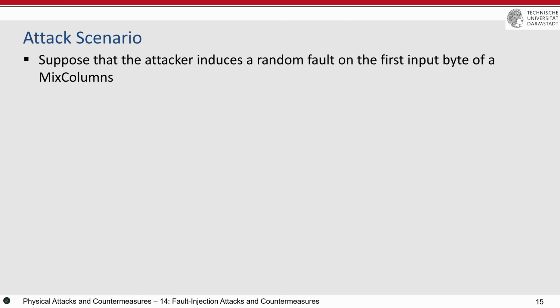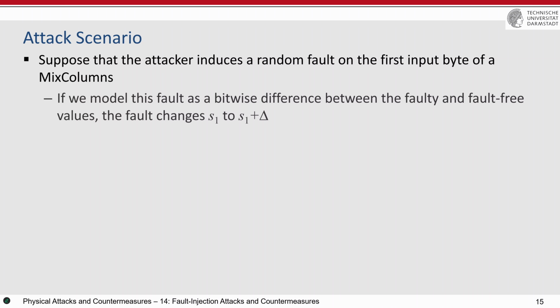You have the serialized version of the AES in hardware, and then you just inject a clock glitch in 1 cycle, then 1 S-box output at the last round, for example, will be faulty. Then you can control the effect of the fault to be restricted to only 1 byte, not on several bytes of the position that you are injecting the fault. But now we are concentrating on the input of the mix columns at the 9th round, which means that this is the last mix column of the cipher.